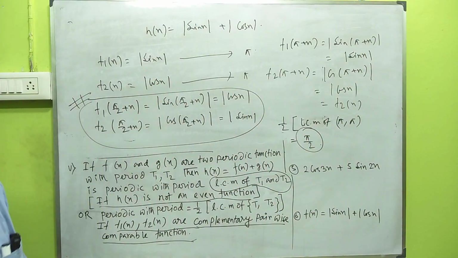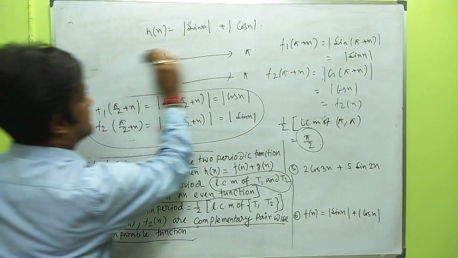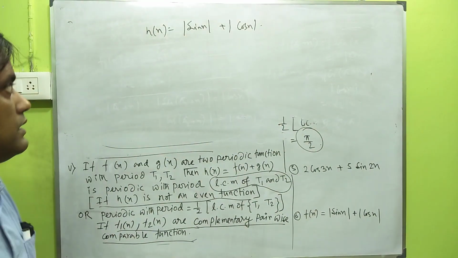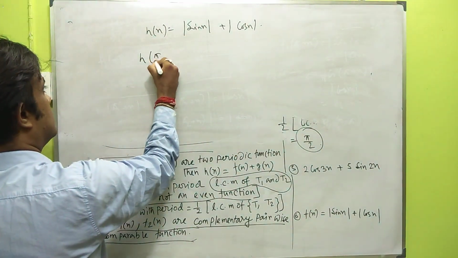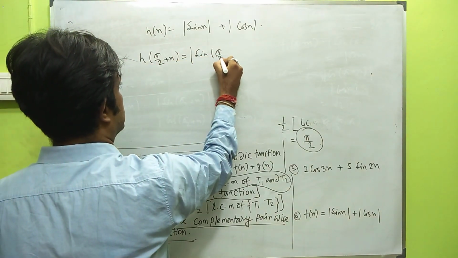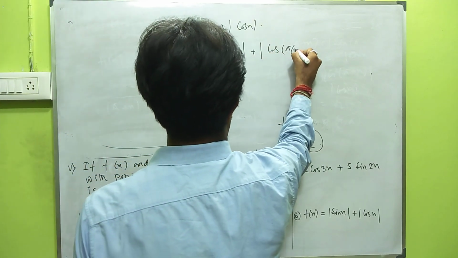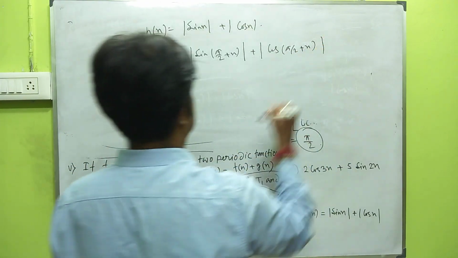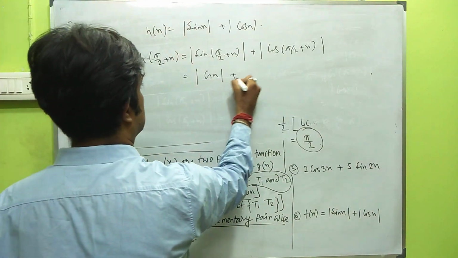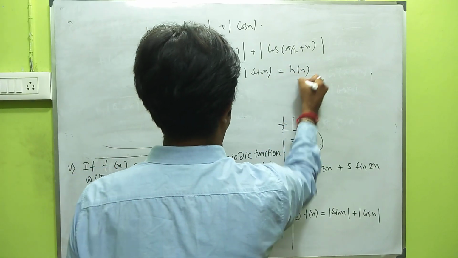Now we check this. h(π/2 + x) is mod of sin(π/2 + x) plus mod of cos(π/2 + x), that is mod of cos x plus mod of sin x, that is h(x).